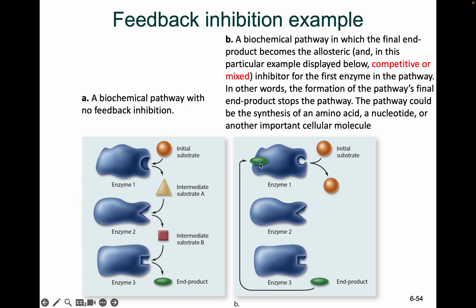What it does is it really prevents, and kind of closes the active site, doing a conformational change, and this will stop the whole reaction. So this is one way a biochemical reaction can control itself: when you have too much product, the product by itself is an inhibitor of the first enzyme, so you stop the whole pathway. In the case where the end product does not bind, this will keep going and going until something stops it, but it's not going to be the end product. So one way of doing so is having the end product be an allosteric inhibitor.